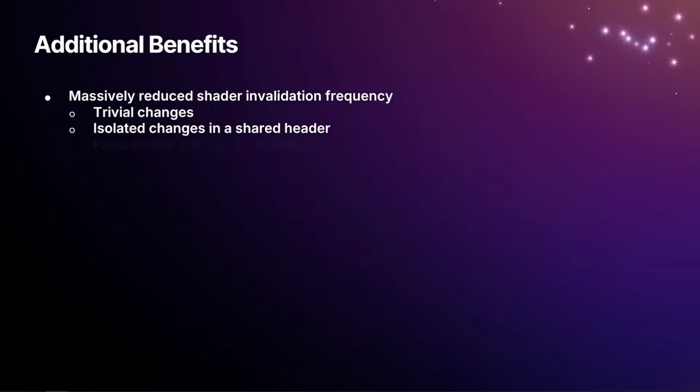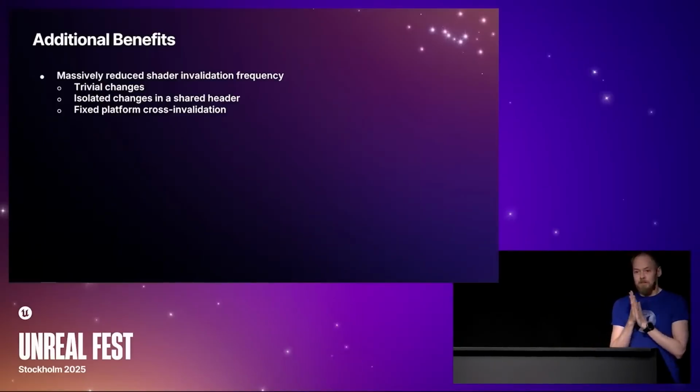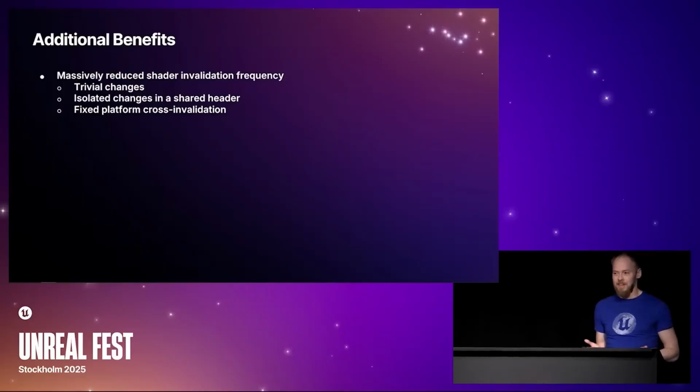Great. This is a fun one. I don't know if you've caught this before, but in 5.3 and earlier, if you changed an Xbox header, all the PS5 shaders would compile. It sounds dumb, but the reason this was happening was because of our hashing mechanism for hashing the shader source. We don't have enough context at that point to do preprocessing, so we can't strip out all those includes.